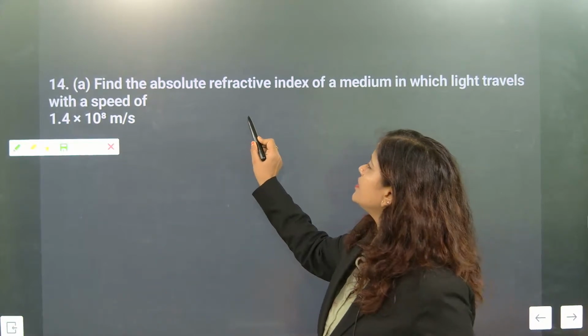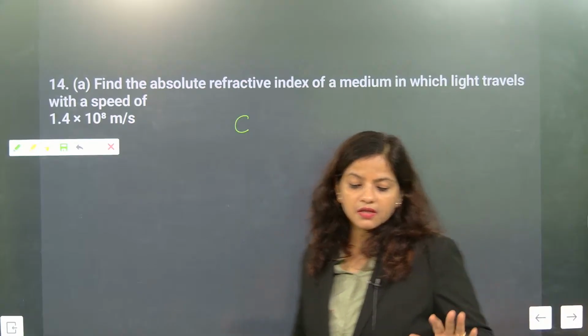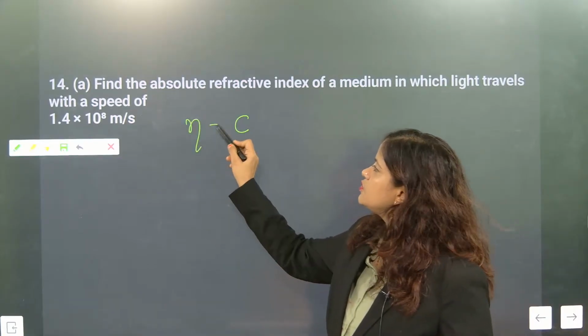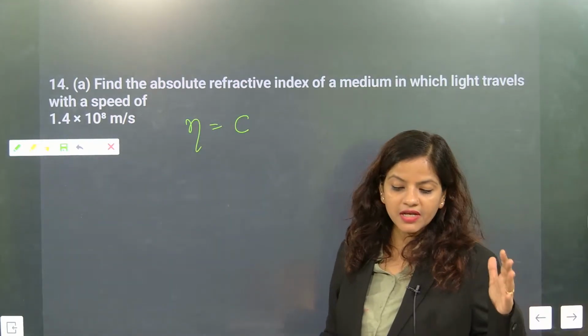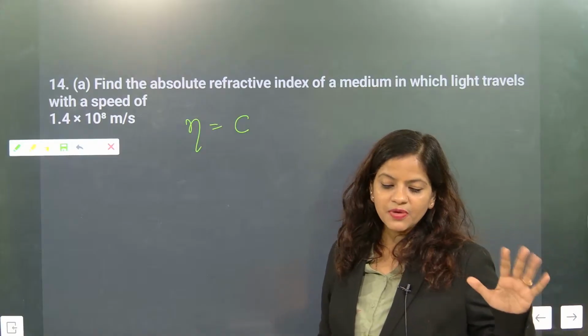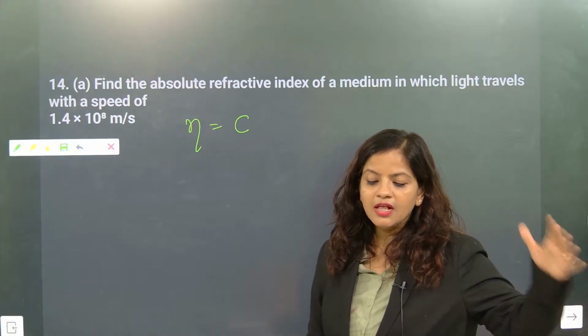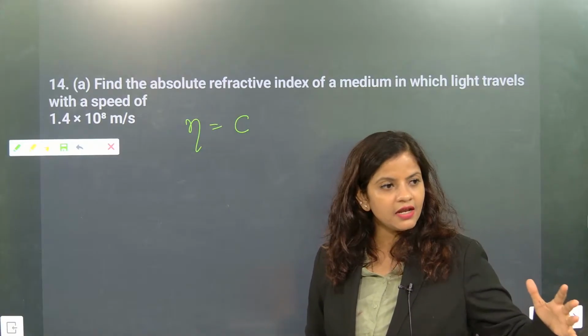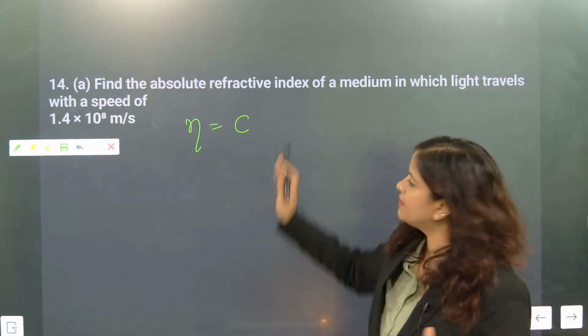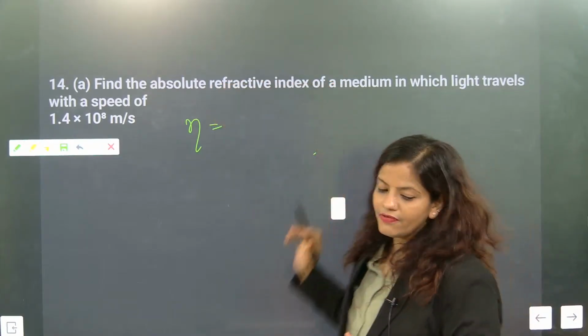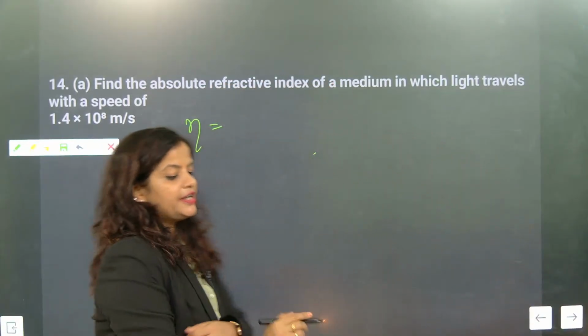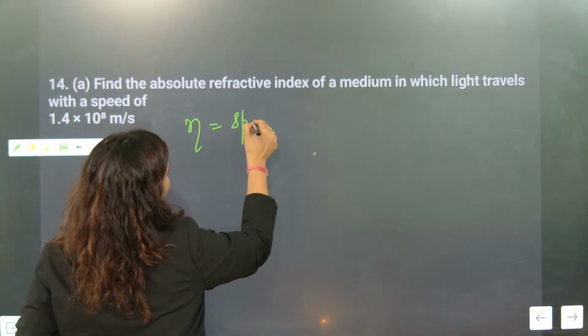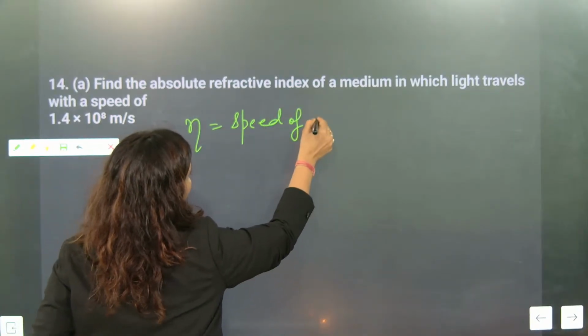So here you know that refractive index is equal to the speed of light in air by the speed of light in the medium, because it says absolute. So we'll write directly here: speed of light in air by speed of light in medium. I checked, many people answered, but their answers were not so apt.